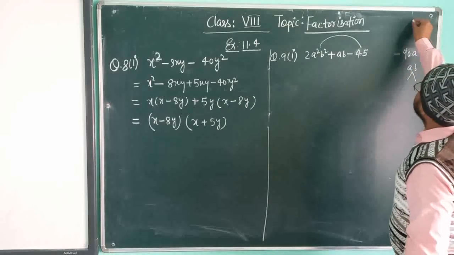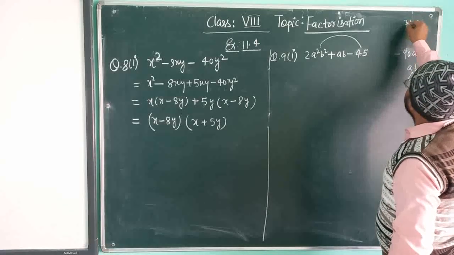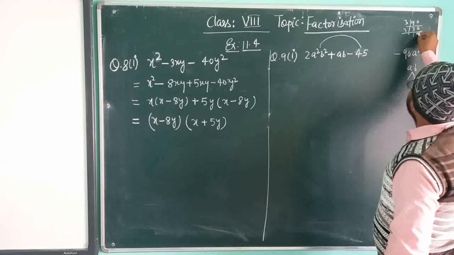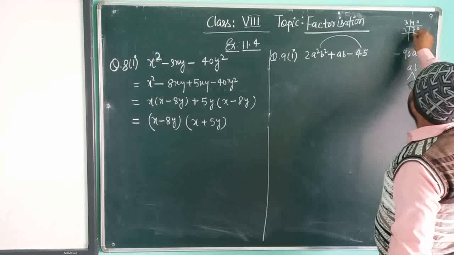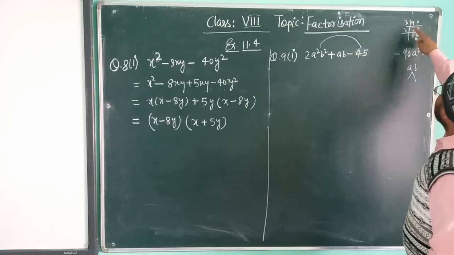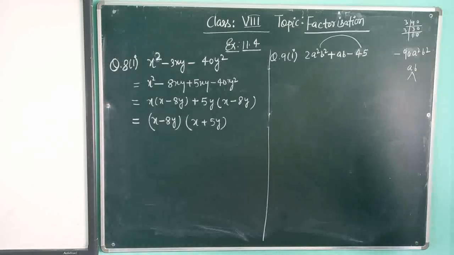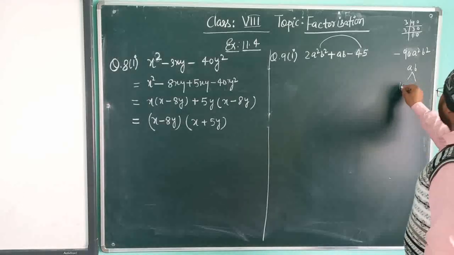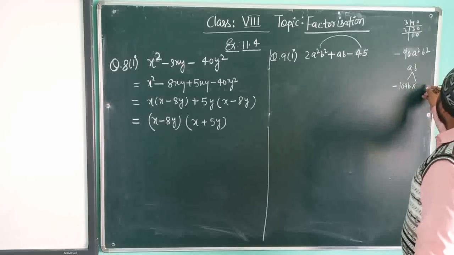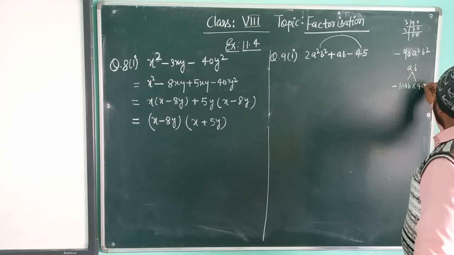If we factorize, 10 times minus 9 gives minus 90, and 10 minus 9 gives us ab.